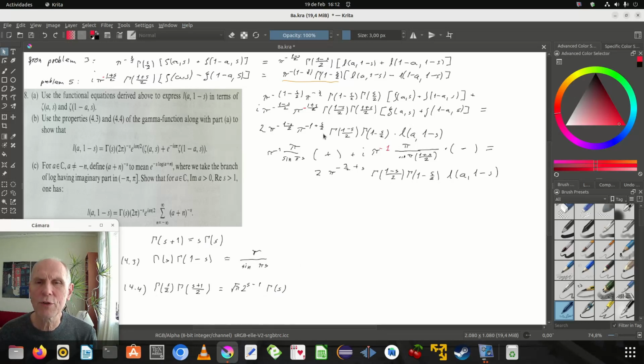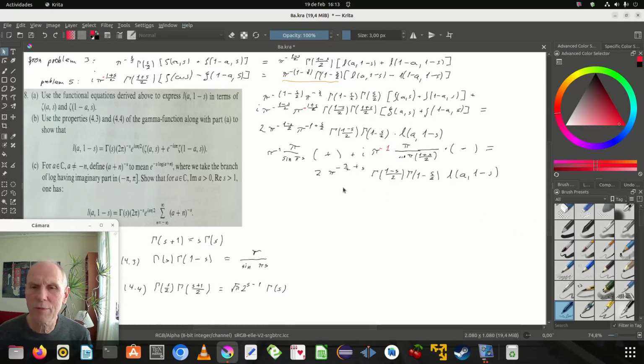So maybe we should not make this reduction, but rather wait a while and divide on both sides by this, but then making this. So to use this on the right hand side, we must substitute s with 1 minus s, and then 1 minus s, that becomes 2 minus s, so that's what we have here.